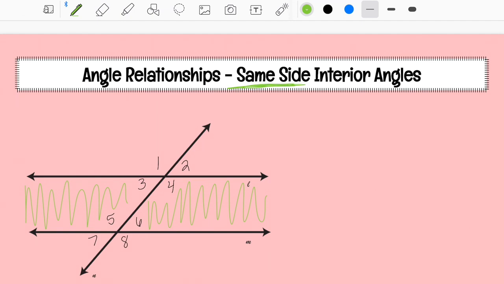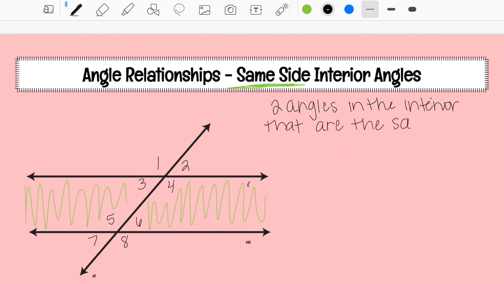And same side is exactly what it sounds like. These are two angles, both in the interior, that are on the same side of the transversal.